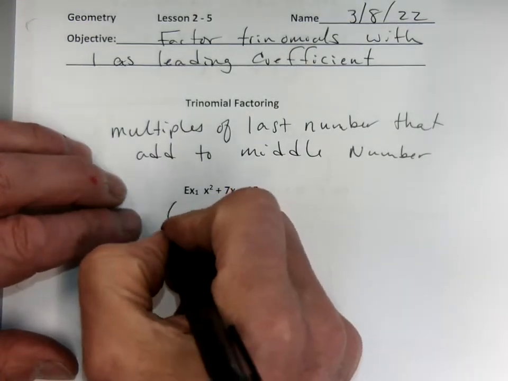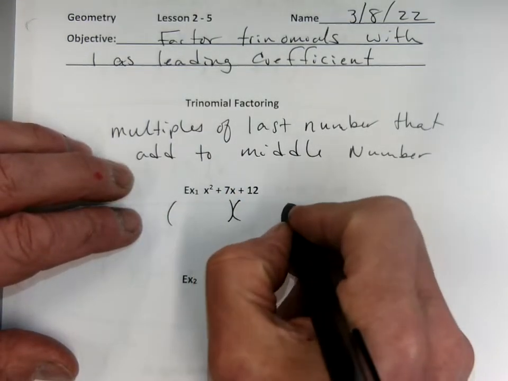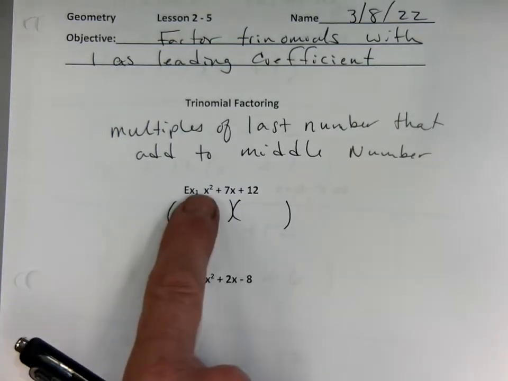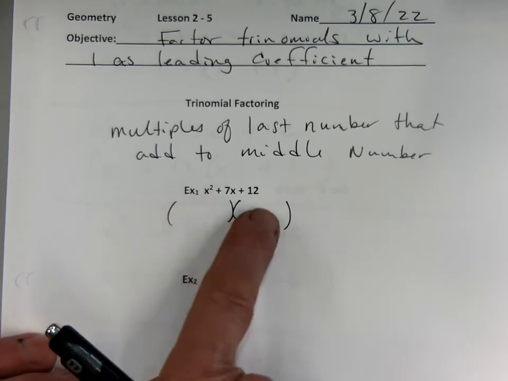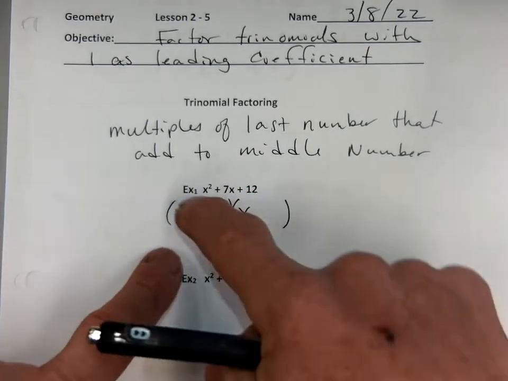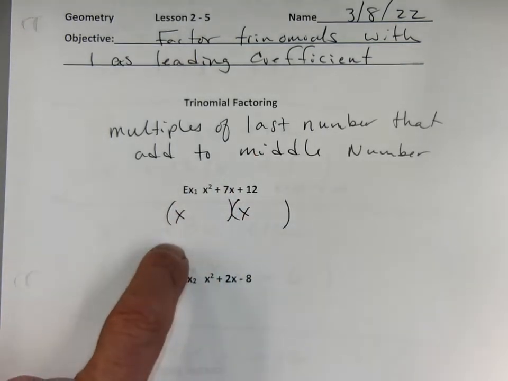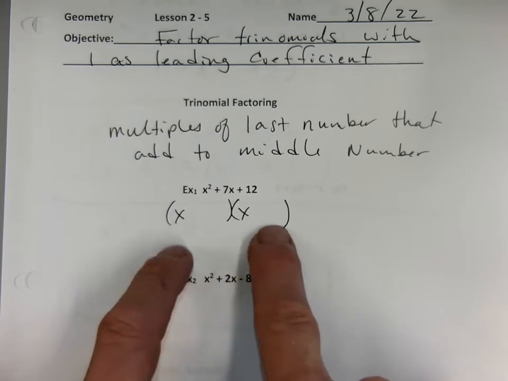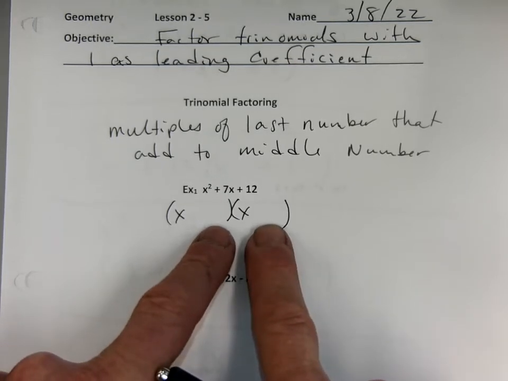So I know for sure, parentheses, parentheses, right? Start there, every time start there. And then we know that when we FOIL, we multiply through, we'd have to have an x here and an x here, because that's the only way we can get the x squared, right? And then when we multiply the last term for the last term, we have to get a 12, but they have to add to 7.